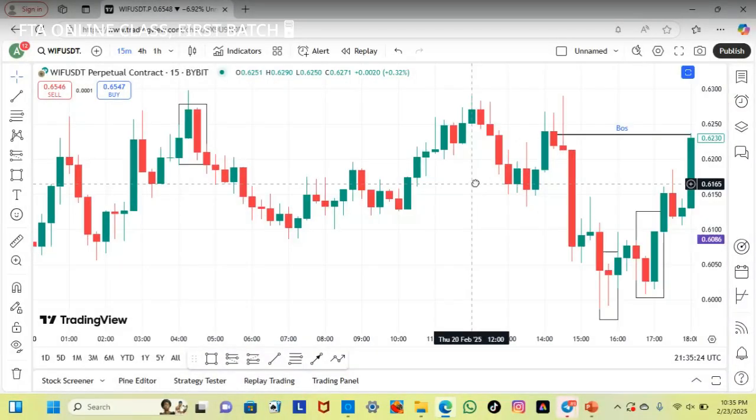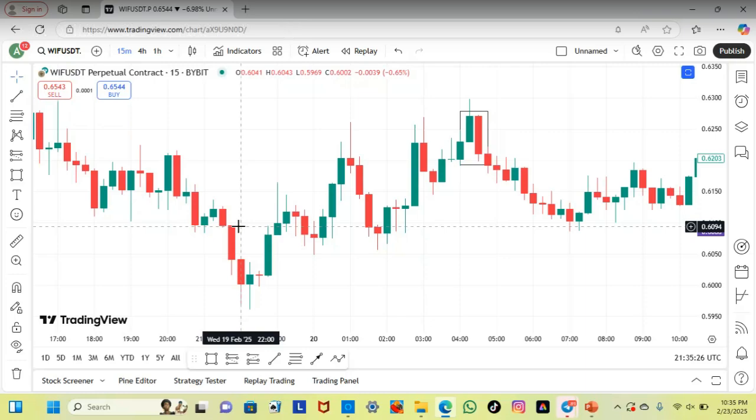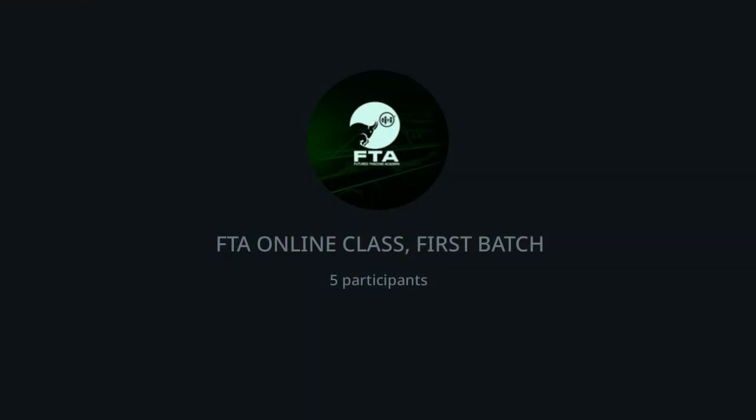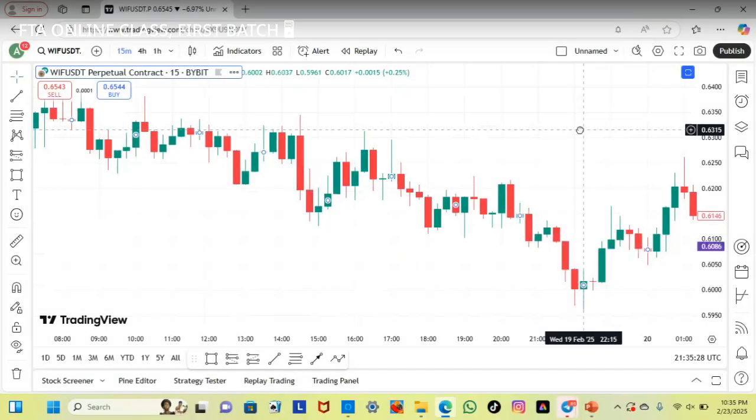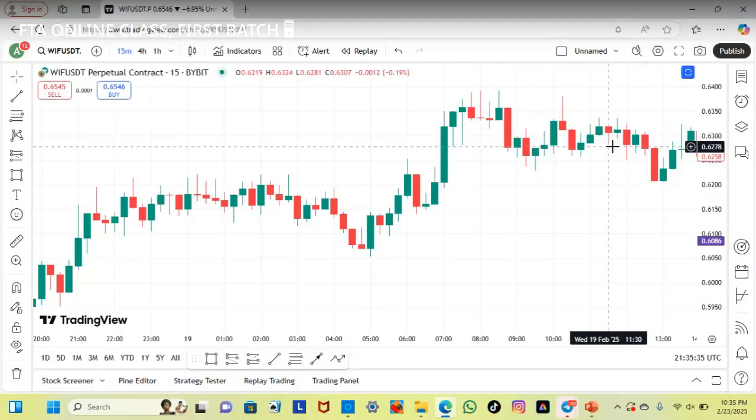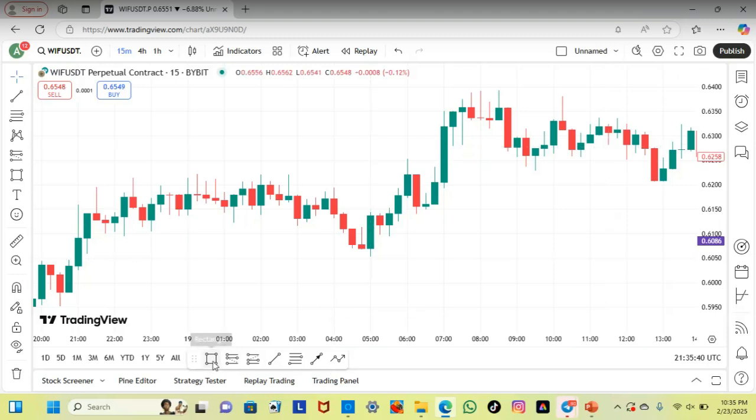Momentum candlestick pattern. We can use this here. Let's plot it with a rectangle.